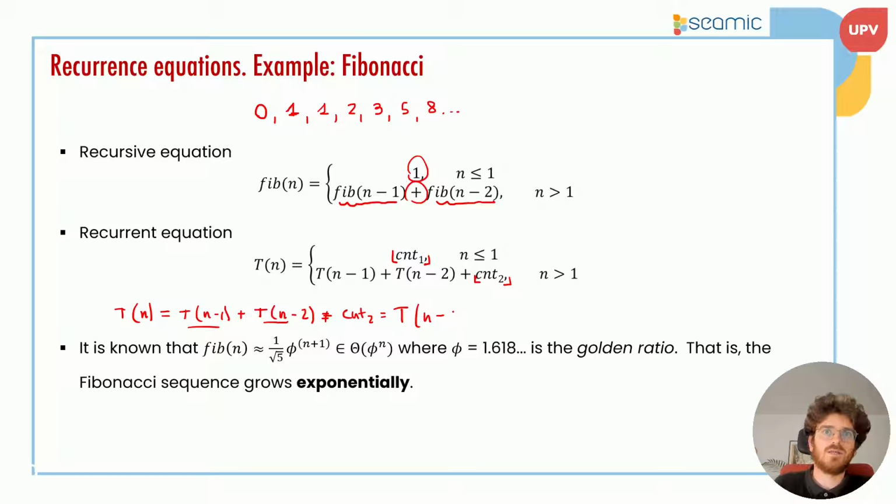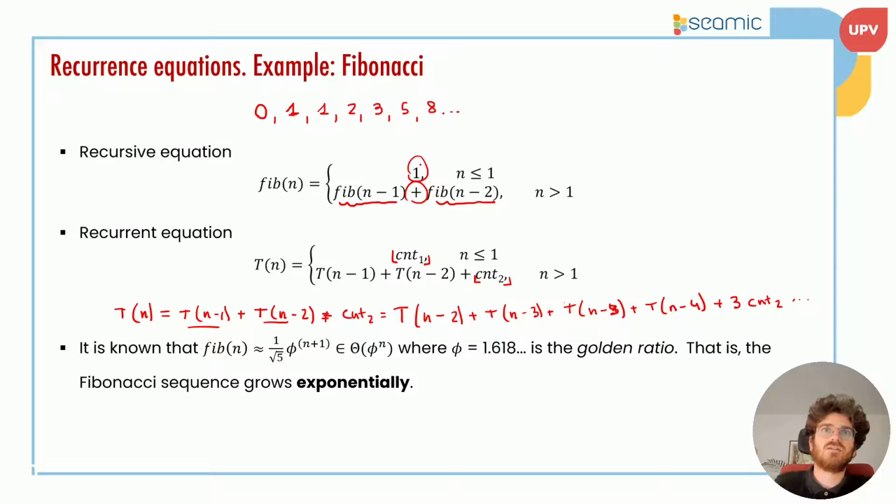So this would be t of n minus 2, and this would be t of n minus 3 plus t of n minus 3, plus t of n minus 4 plus 3 constant 2. And this would go on for a very long time.